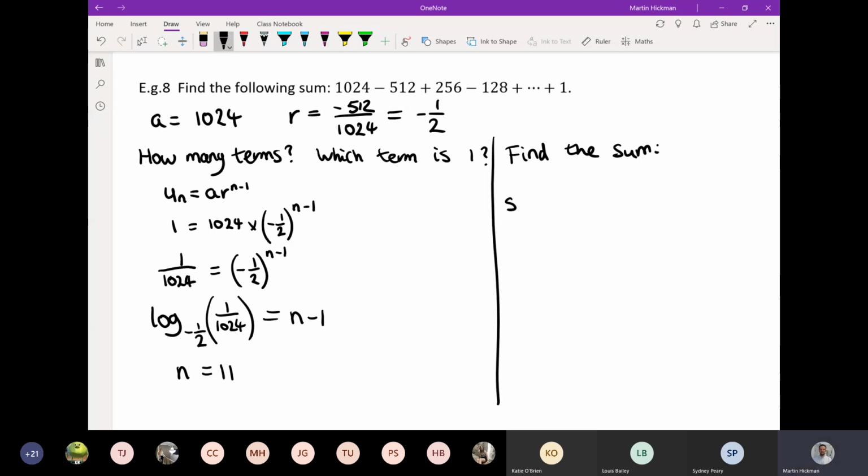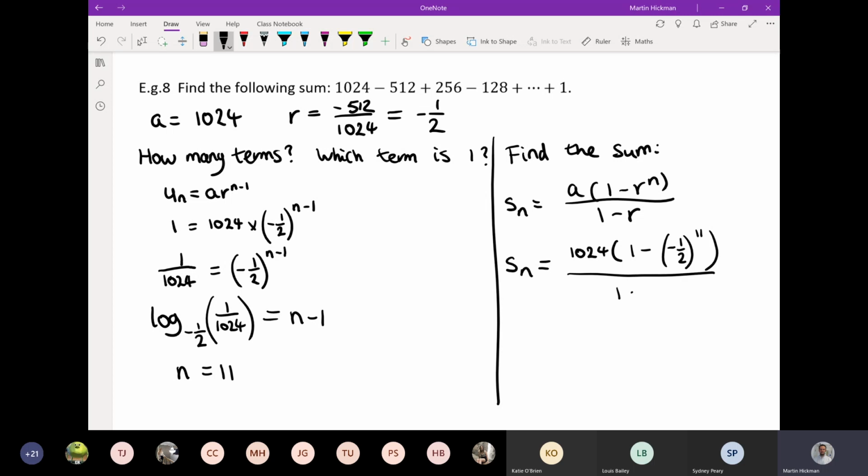So just use our formula. Write it out again just so we're used to it, even though it is in the formula book, it's good to familiarize yourself with it. And a is going to be 1024. You've got a common ratio of minus a half to the power of 11, because there's 11 terms in the sequence, and then 1 minus a half here.